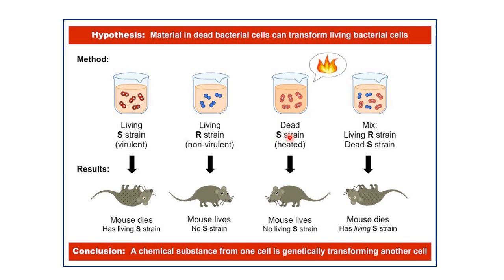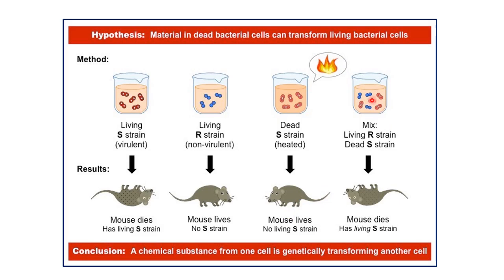As we know, whenever heat is provided, it causes the death of the bacteria, and hence due to heat the S strain is killed. When these heat-killed S strain, which were causing disease previously, are injected in a mouse, there are no symptoms of disease and the mouse continues living and surviving.